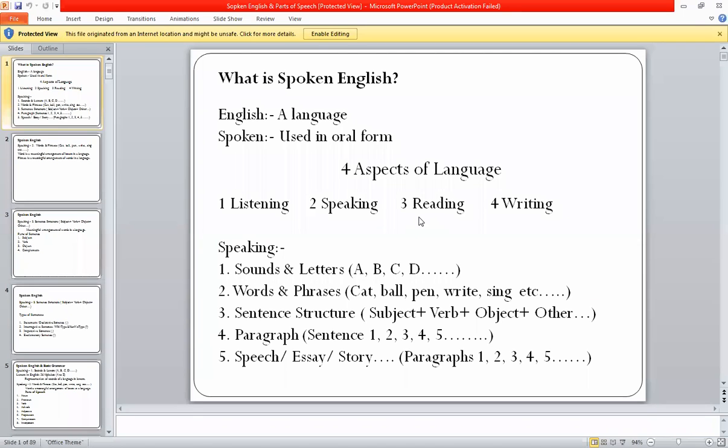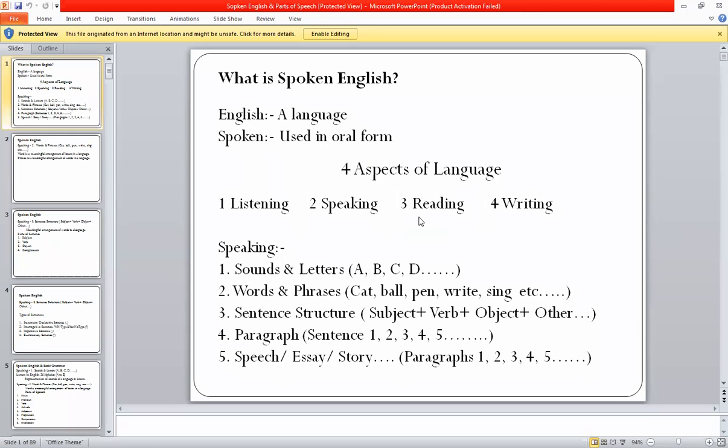So our teacher is the second after our parents who teaches us. Okay, so that's why we start reading and writing in the first standard or in the KG.